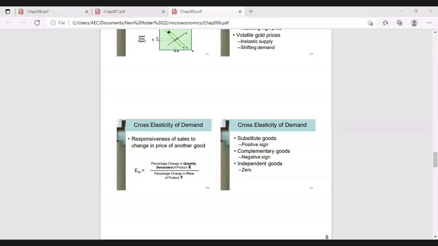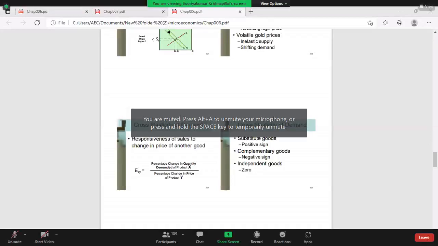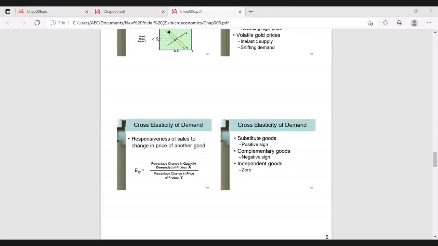But cross price elasticity measures the responsiveness of quantity purchased of a product to a change in the price of another good. The formula for the cross elasticity of demand coefficient is percentage change in quantity demanded of product X over percentage change in price of product Y.